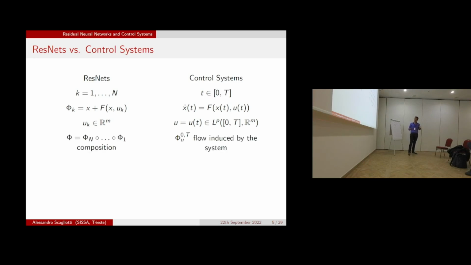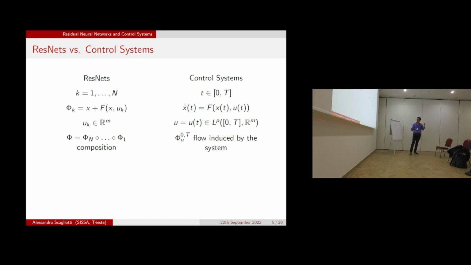Finally, what is the object of interest? In the ResNet, it is the composition of all these elementary mappings, while in the control system, the object of interest is the flow induced by the system. Once we have set an admissible control, our control system actually becomes a normal ODE, and we know that to an ODE we can associate the flow in the phase space.